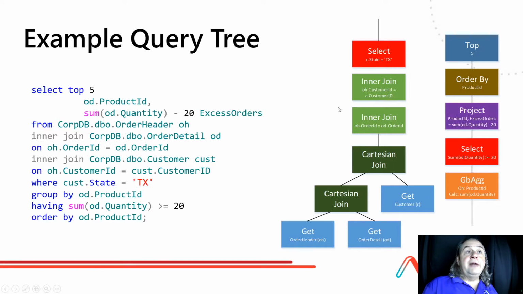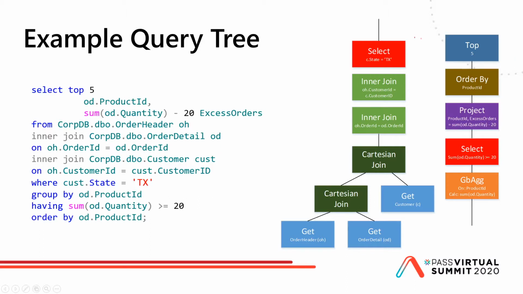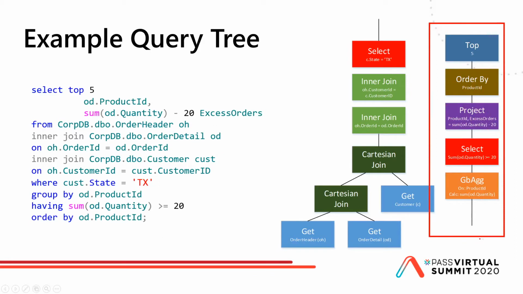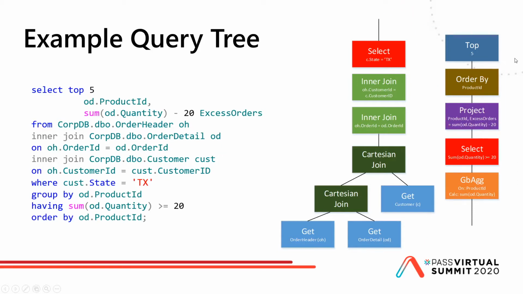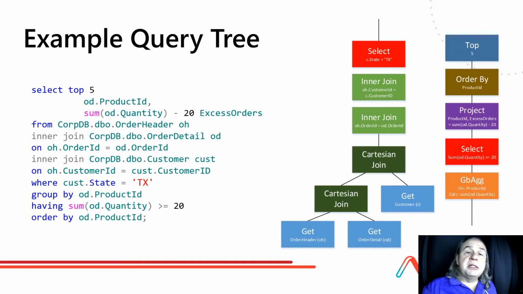Now, we don't have enough room on this slide, so you have to imagine that this stack of operators over here on the right-hand side is actually up on top here. So we go straight up in a solid stack. Imagine a tall tree there. And the different blocks represent logical operators.